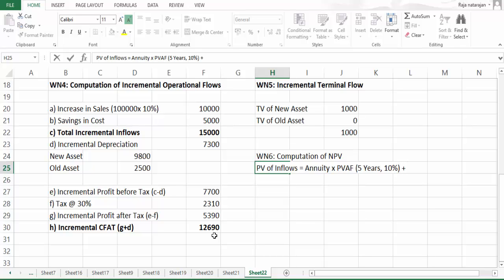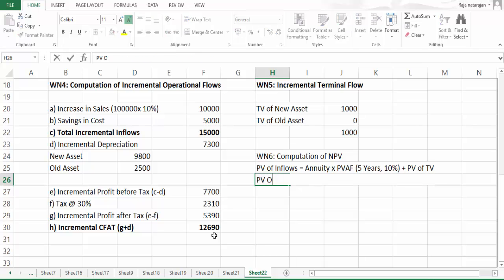Then there is also a terminal flow, so we have to find out the present value of the terminal value. So that's the PV of inflow. Then we have to compare it with the PV of outflows.